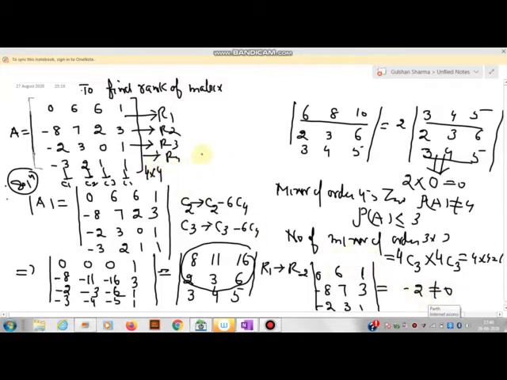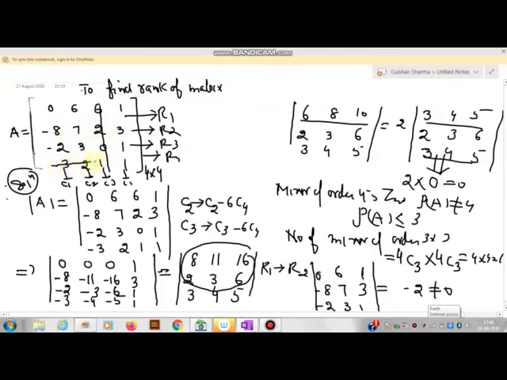So what we have done, we have taken this minor, that is 0, 6, 1. So I have eliminated the C3 column. This column has gone. So 0, 6, 1, minus 8, 7, 3 and minus 2, 3, 1.